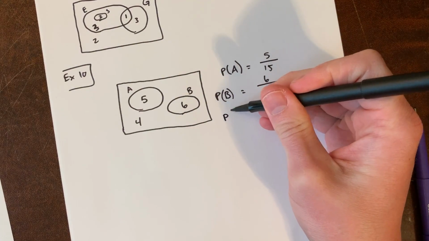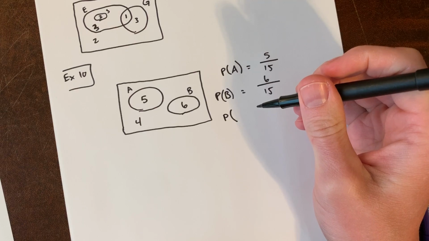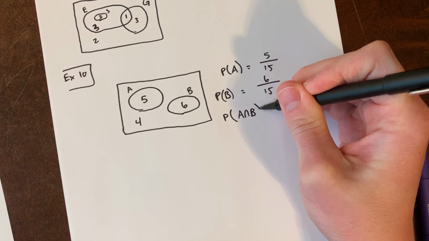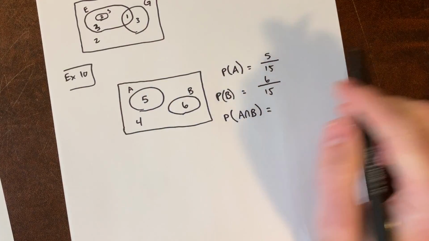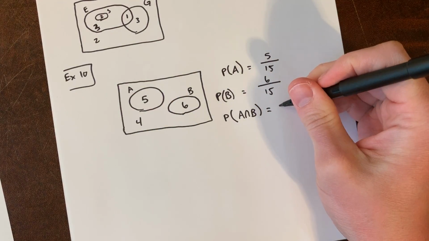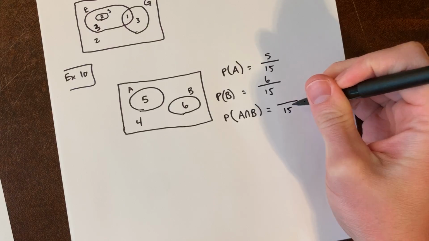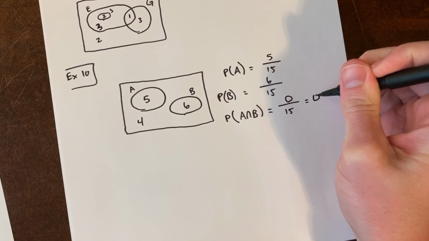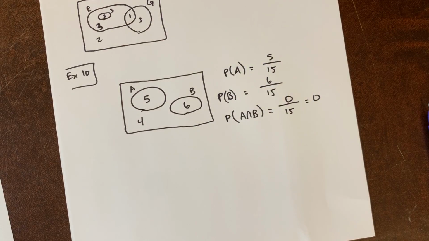The probability of the intersection of A and B, there is no intersection. So there's still 15 students, but none of them intersect. So it's just going to be 0. You can write it as 0 out of 15 or just 0, and that would be okay, because there is no overlap.